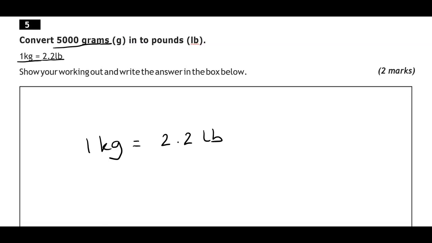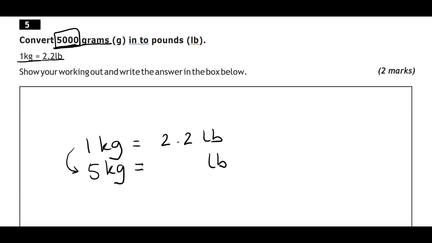But before we convert that into pounds, I'd like to convert this into kilograms first. We know that there are 1,000 grams in 1 kilogram, so this is 5 kilograms. And we'll find out in pounds.